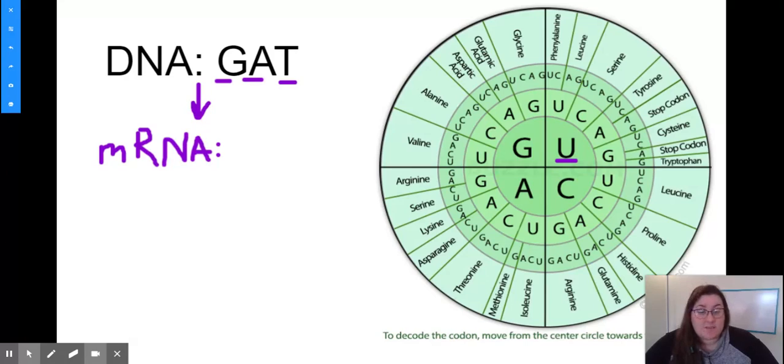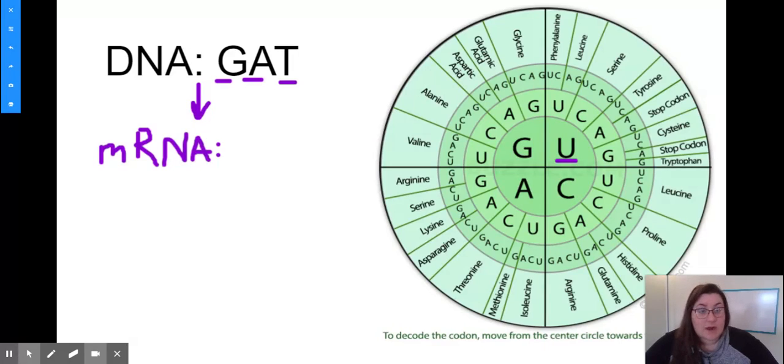The only difference between making the other strand of DNA and my mRNA is that I'm not allowed to have any T's anywhere. Anywhere I would have put a T, I'm going to put a U instead, because uracil is the molecule we're allowed to use.